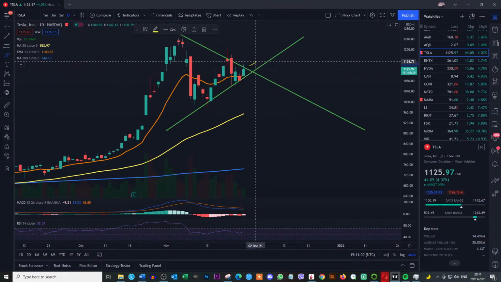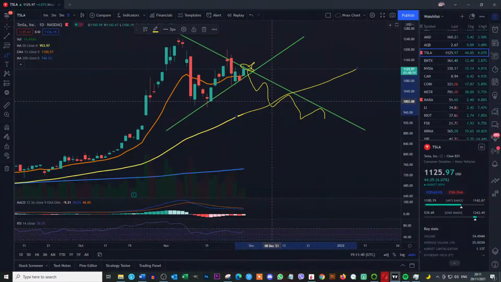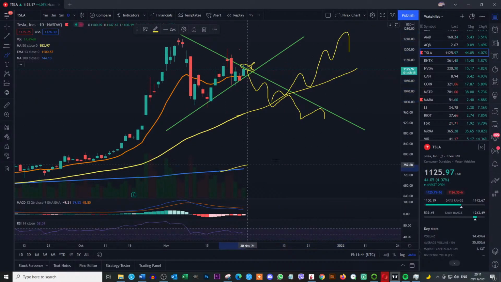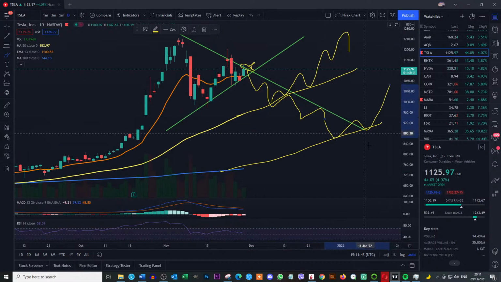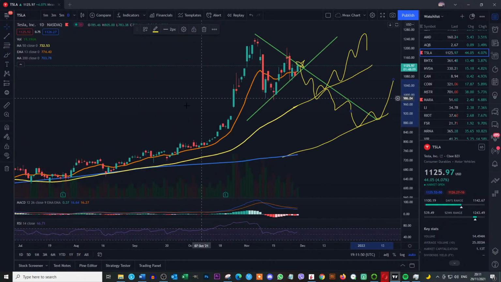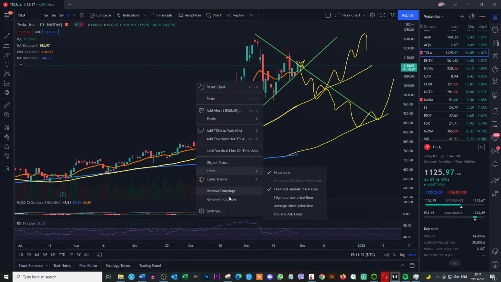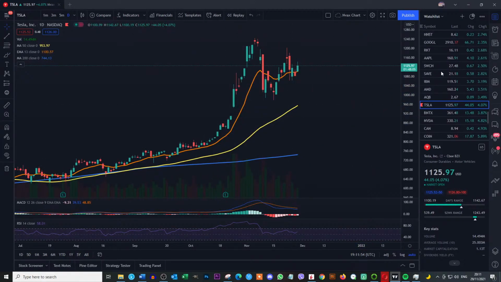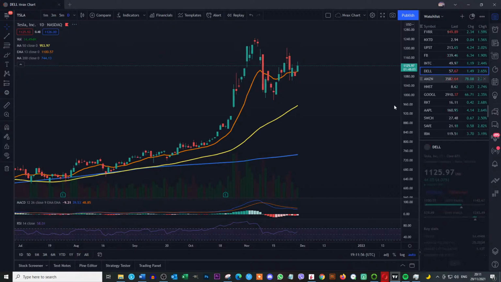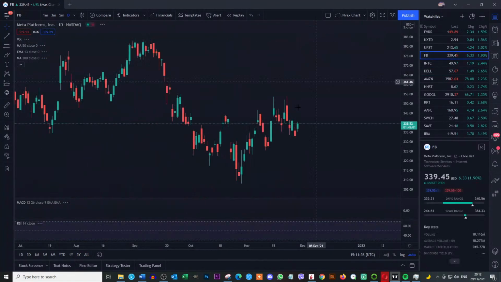If we are not able to break this line here, we are probably going to see Tesla moving a little bit down, and here we should see a break. Or if we go down here, we should see a bounce back at the 800. Let's see drawings, and here that's that for today.